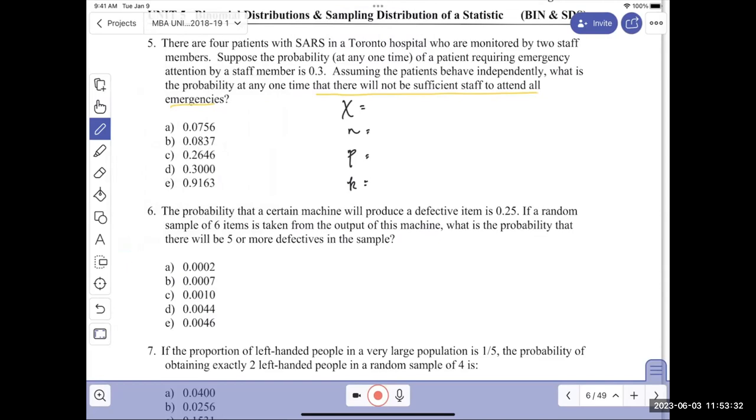The number of patients, 4, right? And what is the success? Not having staff, no staff for the person.